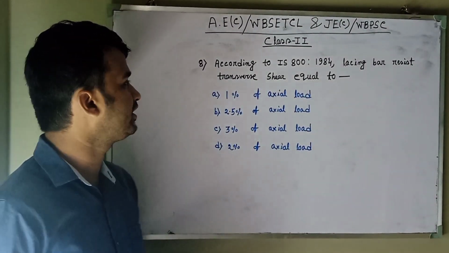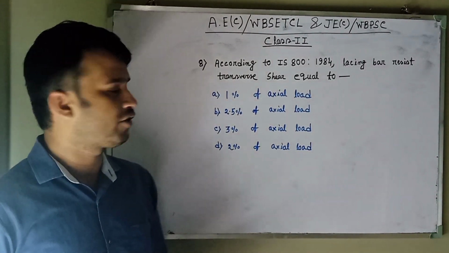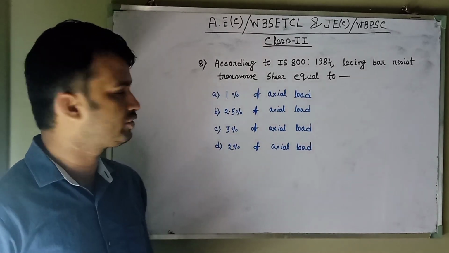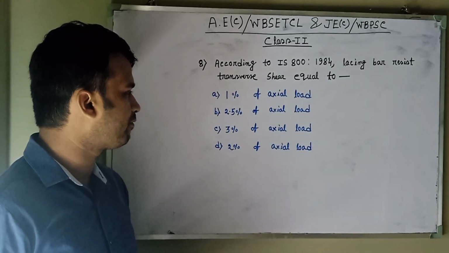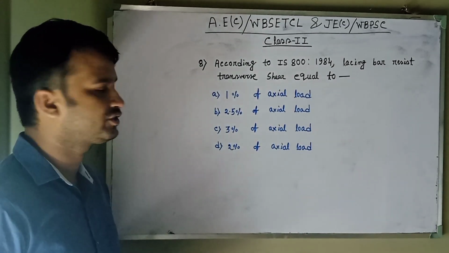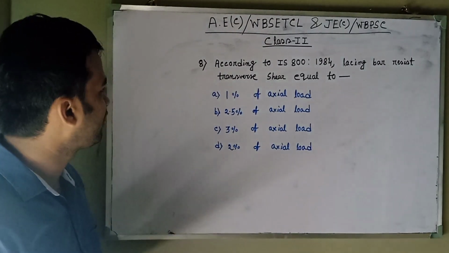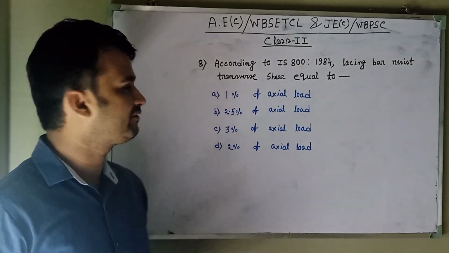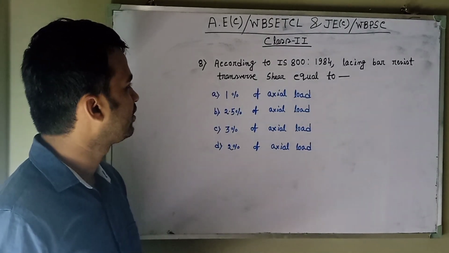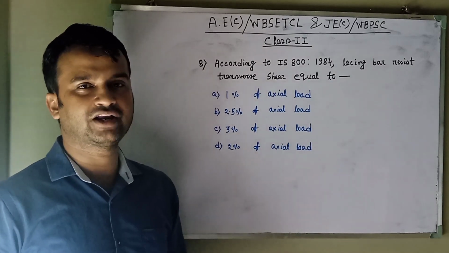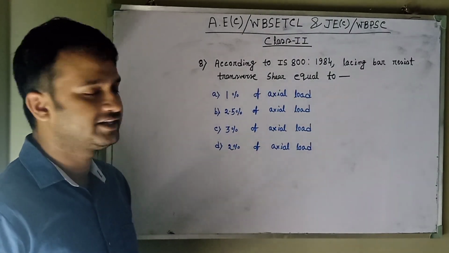Question number 8. According to IS 800 1984, lacing bar resists transverse shear equal to option A: 1% of axial load, option B: 2.5% of axial load, option C: 3% of axial load, and option D: 2% of axial load. This question is very common and very important, and it is often asked in different government examinations. Recently in the KMC sub-assistant engineer civil examination, there was a question where you were given the axial load and you had to find the transverse shear carried by the lacing bar.